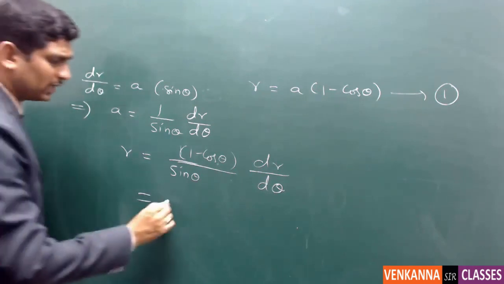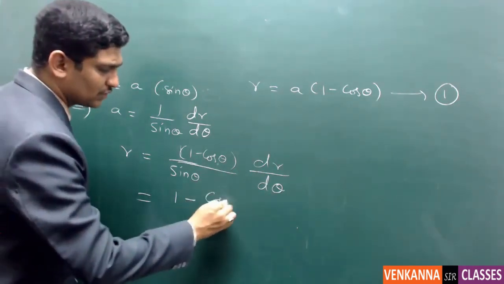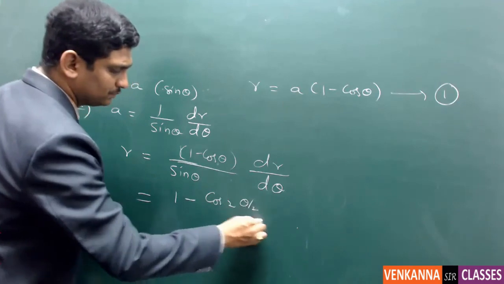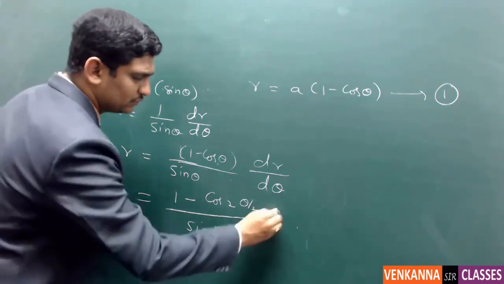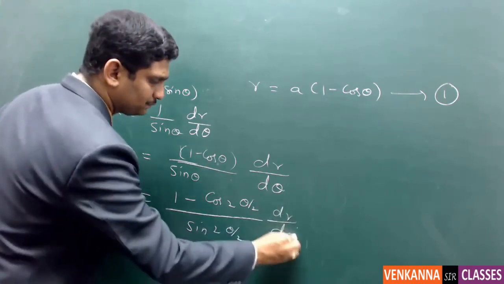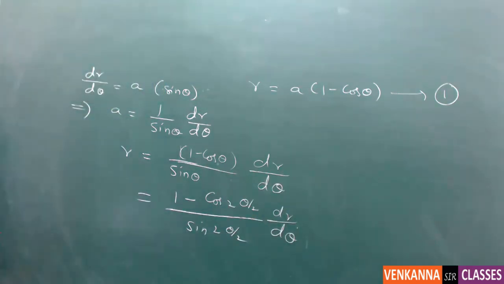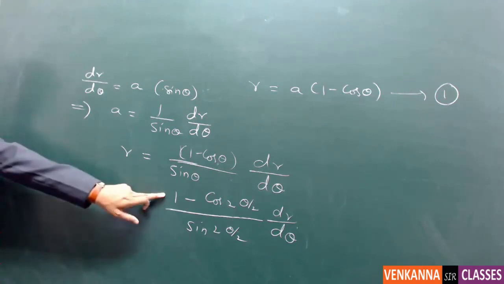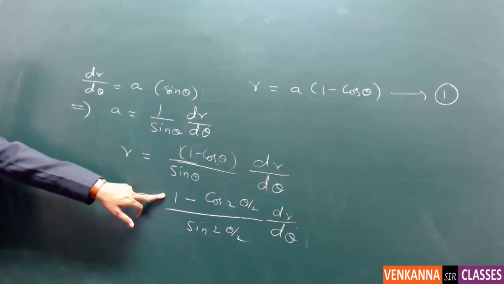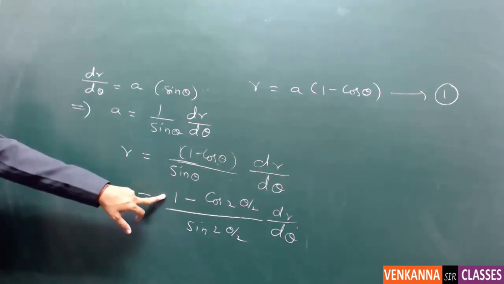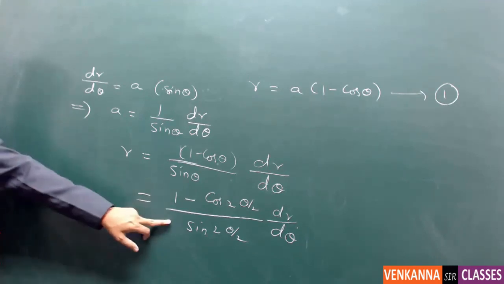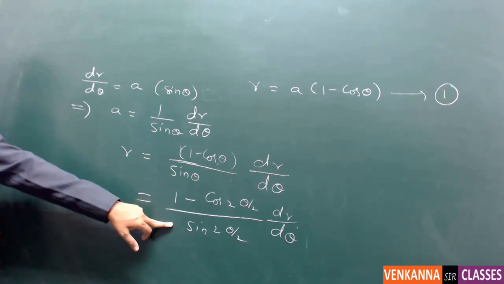In the numerator, I am going to write it as cos 2 theta by 2, and here I am going to write it as sin 2 theta by 2 into dr by d theta. It is of the form 1 minus cos 2x, whose value is 2 sin square x. Am I correct there? Right? And sin 2 theta is 2 sin theta by 2 cos theta by 2.